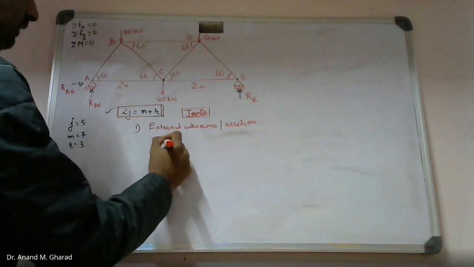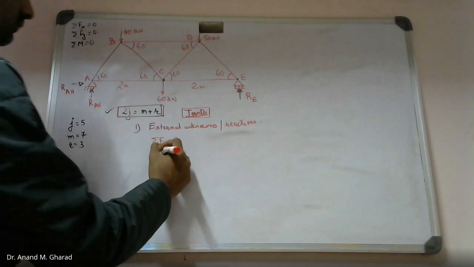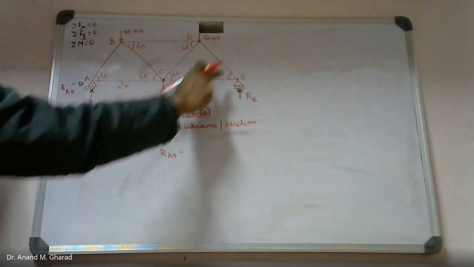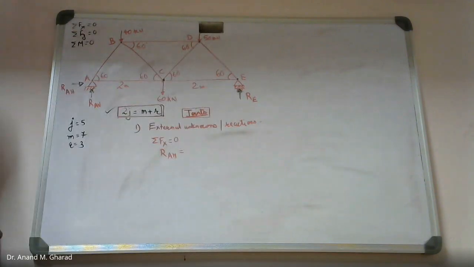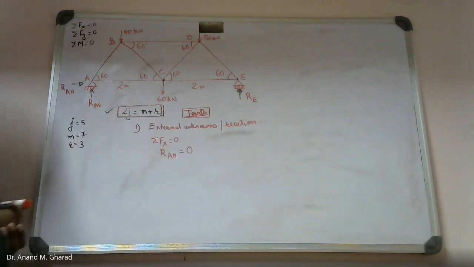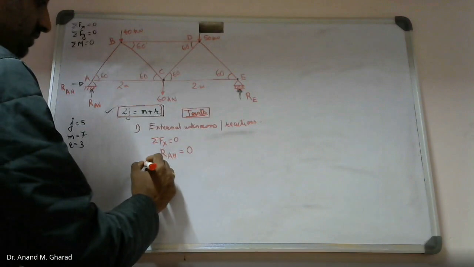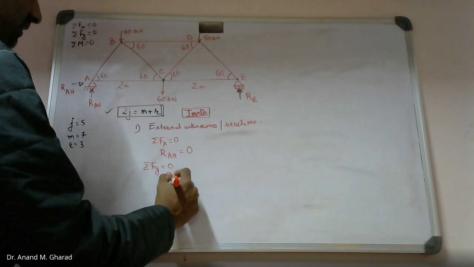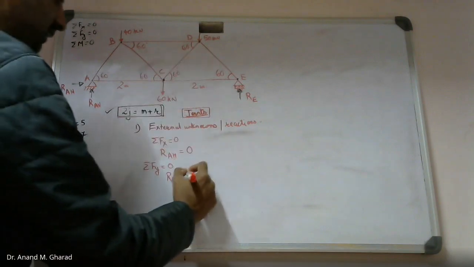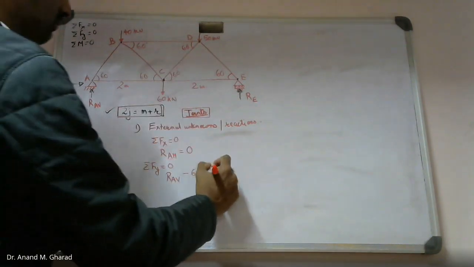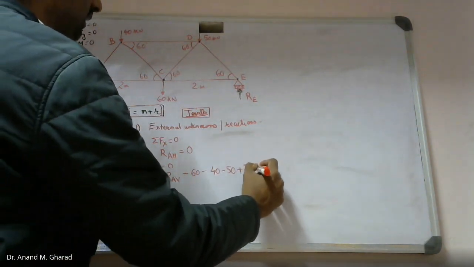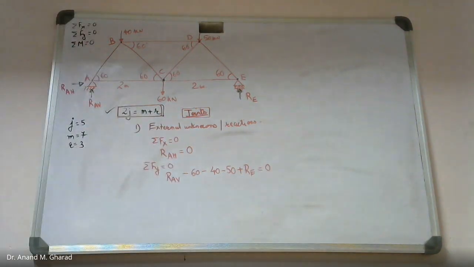Summation of forces in x direction equal to 0. Do you observe any horizontal force in this complete figure? Other than RAH, there is no other force, so RAH will be equal to 0. Summation of forces in y direction equal to 0: RAV minus 60 minus 40 minus 50 plus RE equal to 0. Am I right?